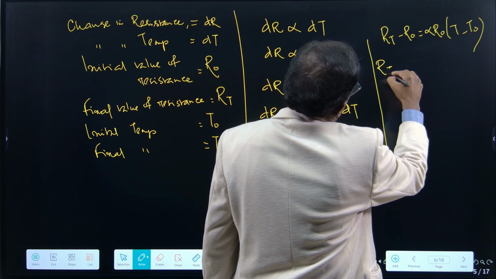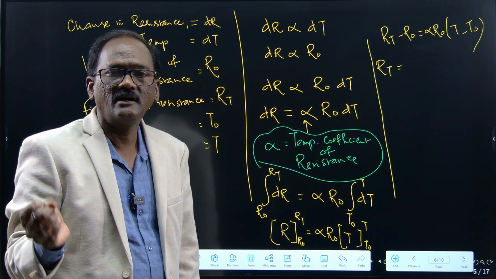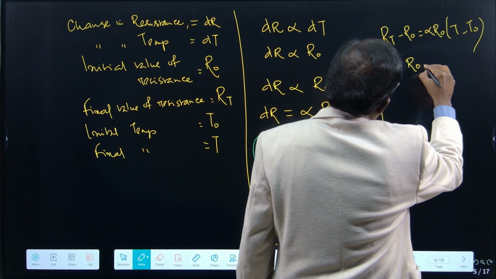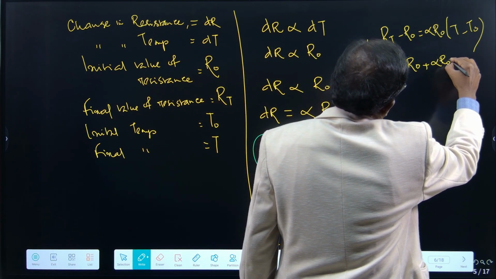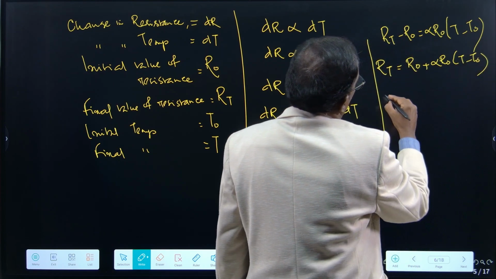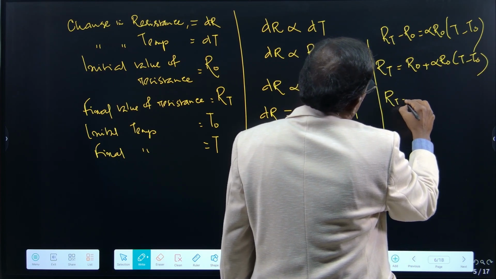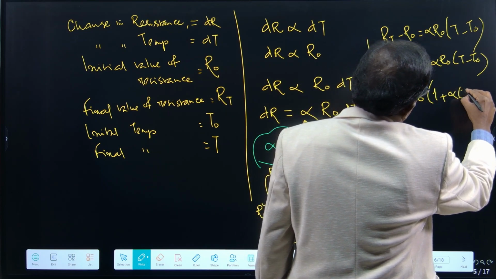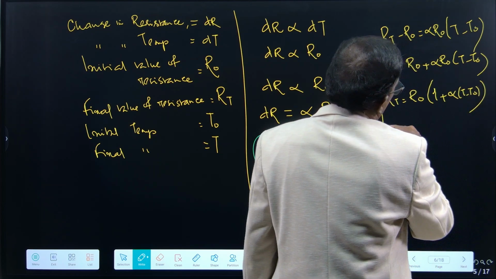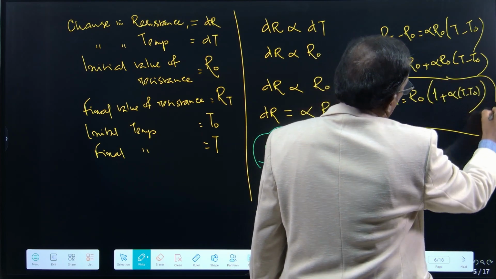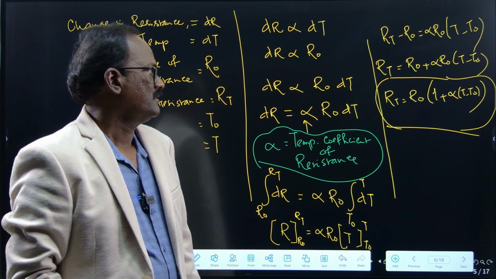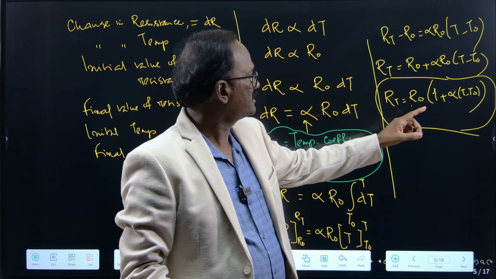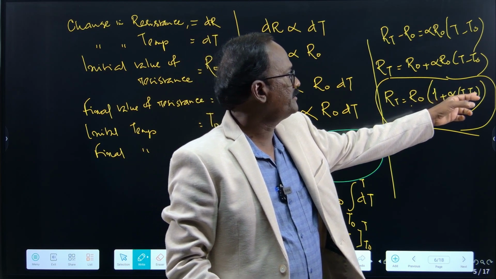I want RT, the resistance value at the final temperature, which is equal to R0 plus alpha R0 times T minus T0. So R0 can be made common. So this is 1 plus alpha times T minus T0. This is the final expression: resistance at any temperature RT is equal to R0 times 1 plus alpha times T minus T0.